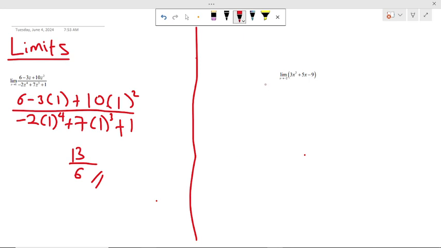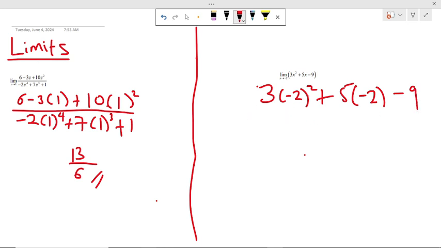Now let's do the same for this function too. So because this function can be evaluated at -2, we can put -2 directly in it to find the limit. So this can be found as 3 open bracket minus 2 squared plus 5 open bracket minus 2 minus 9.